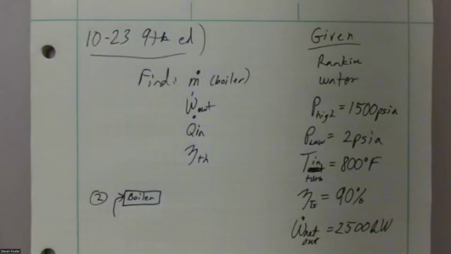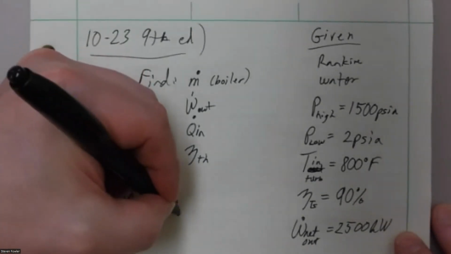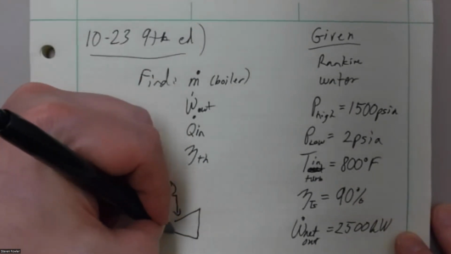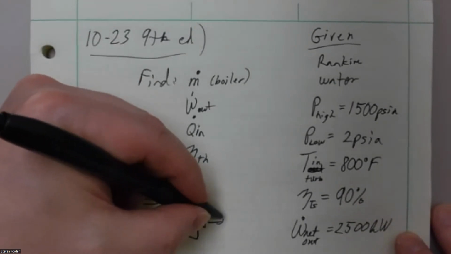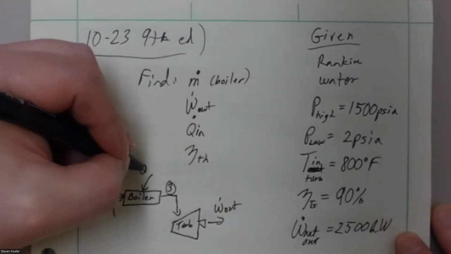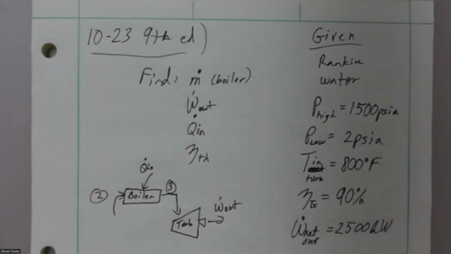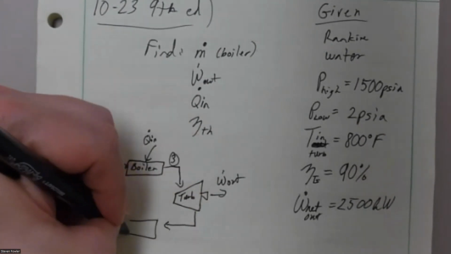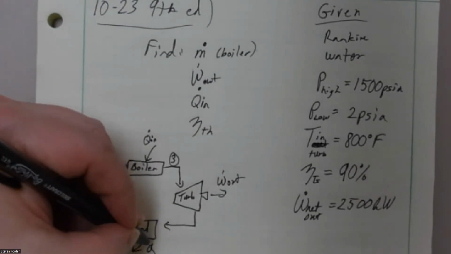So if we draw that here, coming into the boiler is state 2. Coming out of the boiler is state 3, that goes into the turbine. That's my power output there, and I've got heat going into the boiler, the rate of heat going into the boiler. Then I go into a condenser, that's where I'm losing heat.